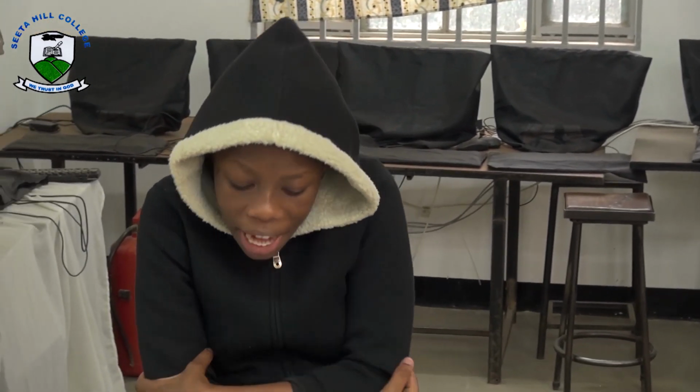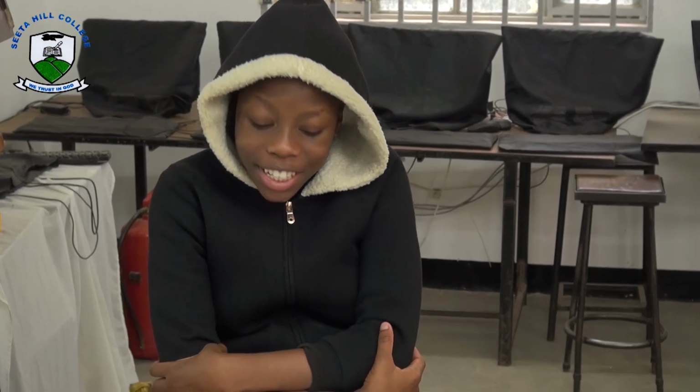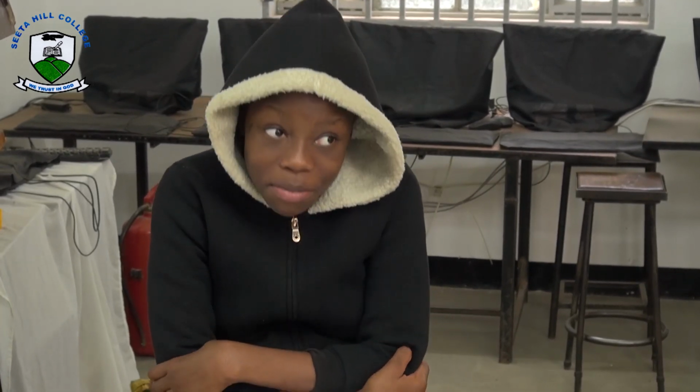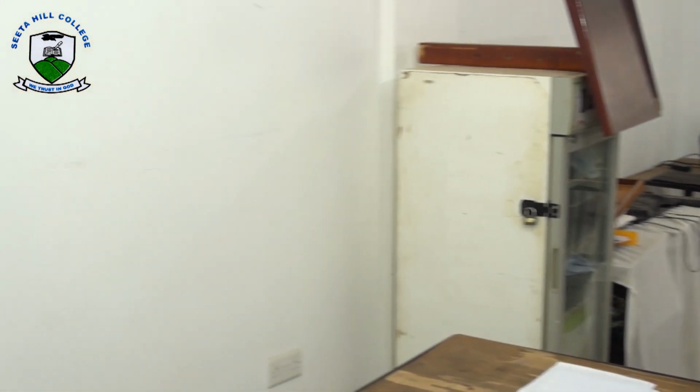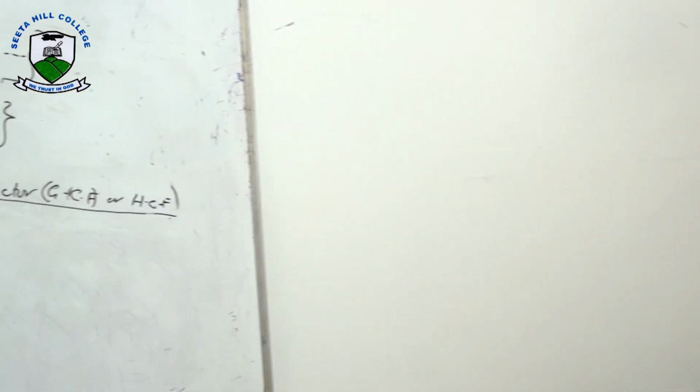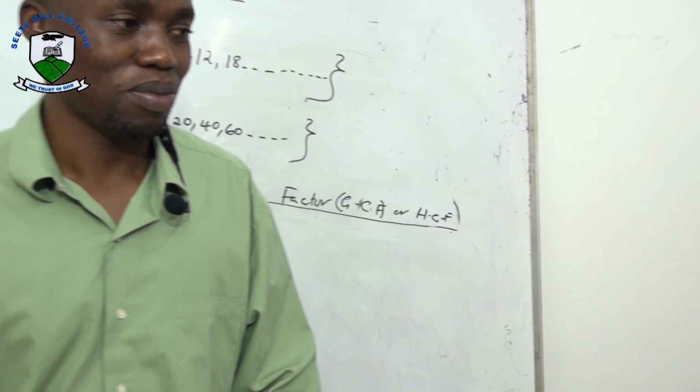Let me hear from her, Cesar. I think the highest common factor is any number that can divide a number but has the greatest value. You guys want to make me run mad.